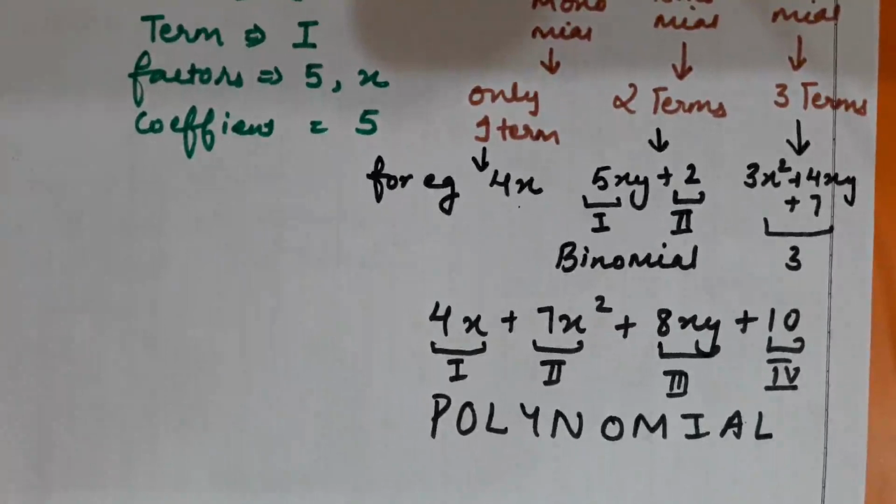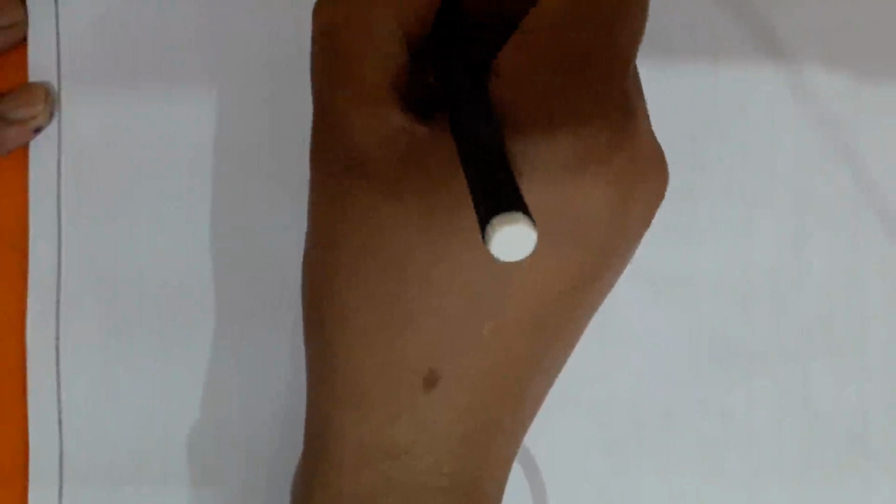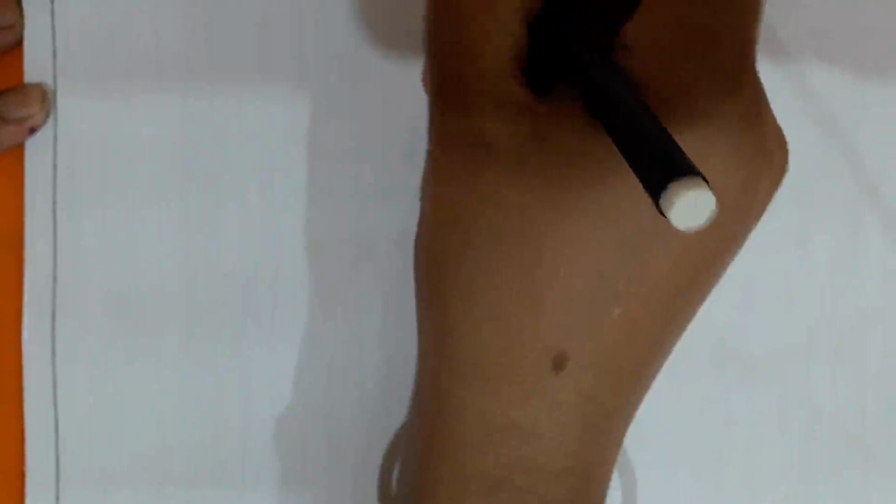Getting my point, children? Now let's move to the next topic. Next topic is about like and unlike terms, children. See, what is the difference between like and unlike terms?